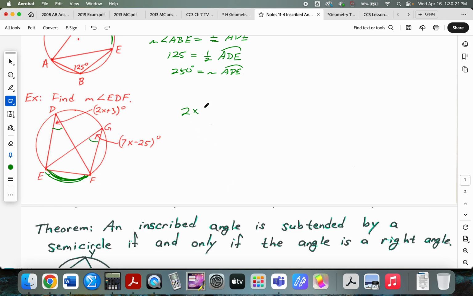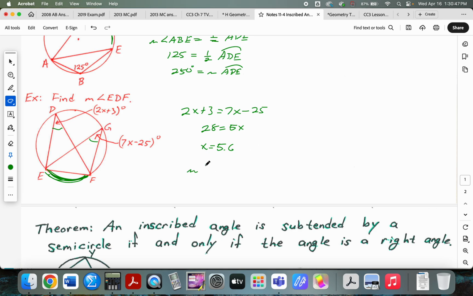So this is just 2x plus 3 is equal to 7x minus 25. So we get 28 is equal to 5x. So x is 5.6.